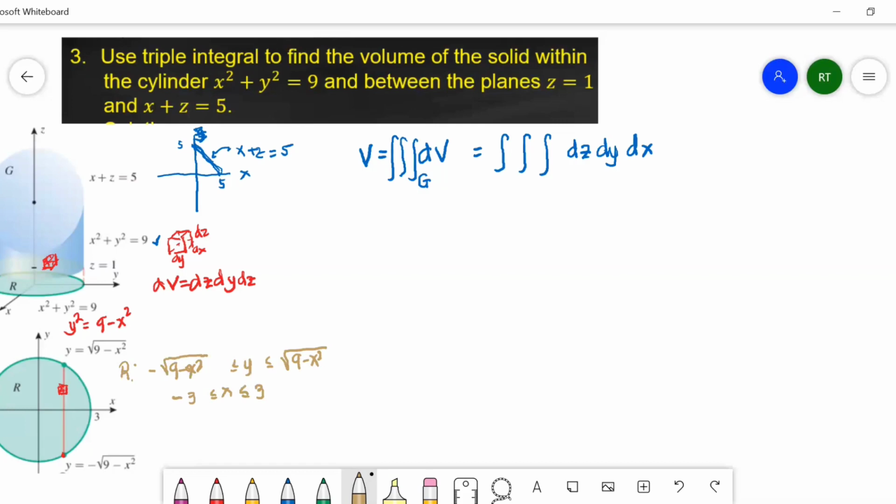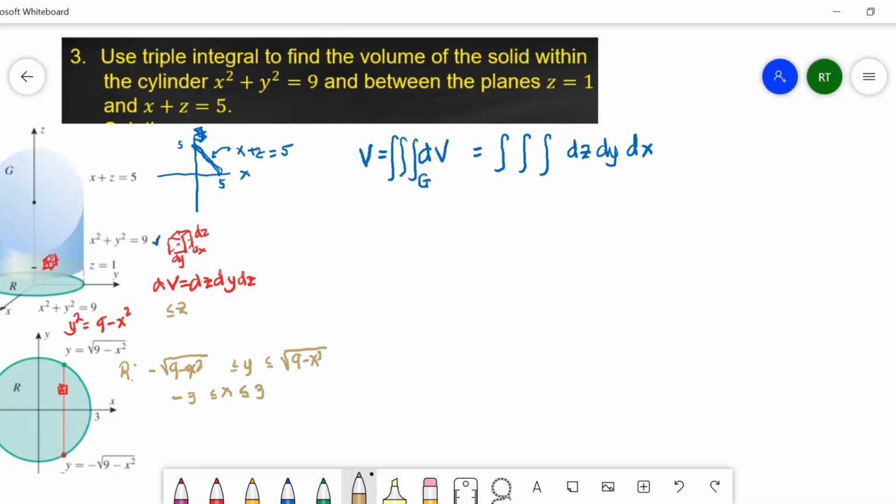And if we consider the region G, we have to include the interval of z, and z will go from z equal to 1.